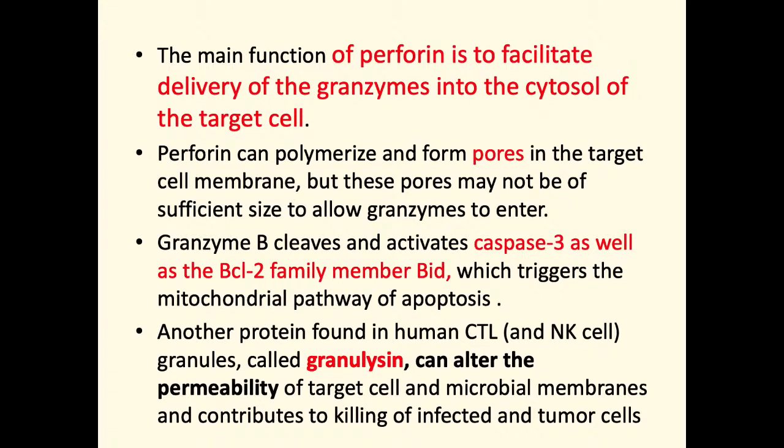This will lead to activation of caspases, mostly caspase 3, which are important for promoting apoptosis. And there is also activation of a pro-apoptotic protein like BID. This is also pro-apoptotic, and this will trigger the pathway of apoptosis.